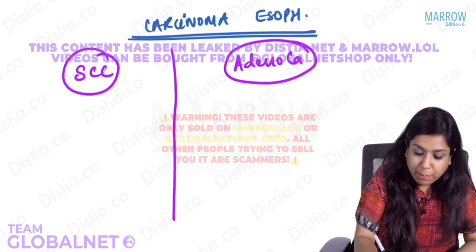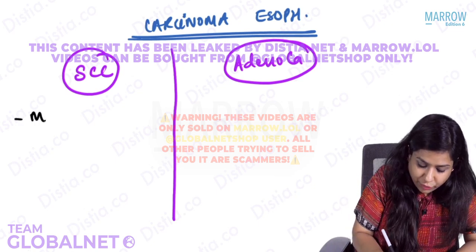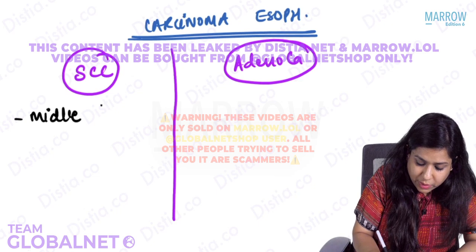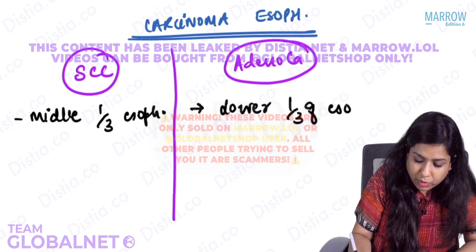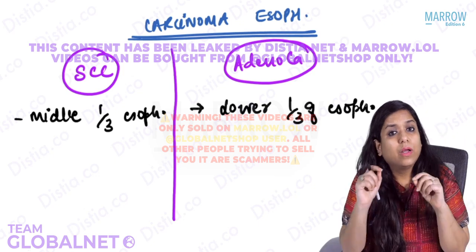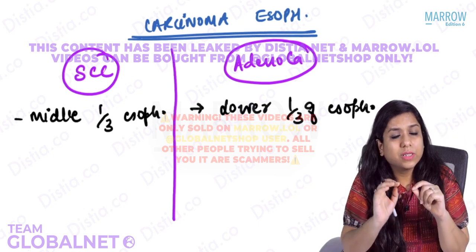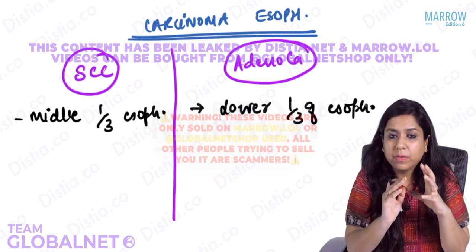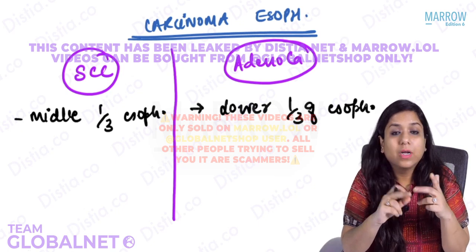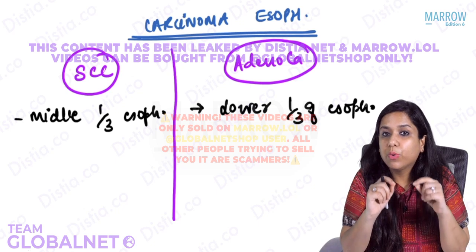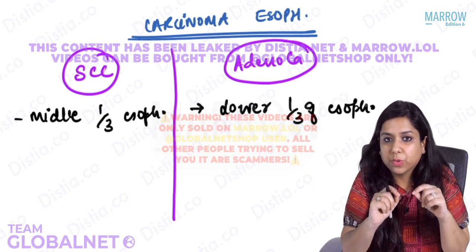It is usually present in the middle third of esophagus, and adenocarcinoma is usually present in the lower third of esophagus, right? When there is gastroesophageal reflux disease, it will go up and can lead to Barrett's esophagus, usually in the lower third. That is why adenocarcinoma is also common in the lower third of esophagus.